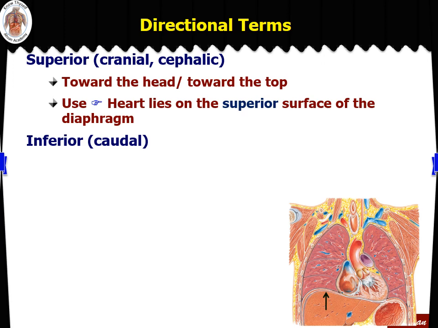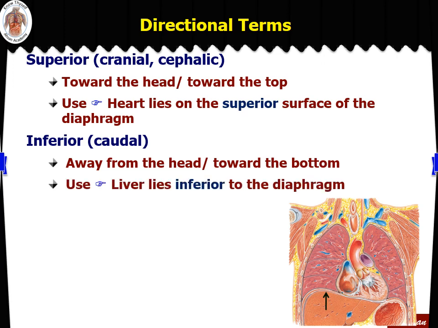Cauda means tail, so it is close to the tail, away from the head, towards the bottom, is known as inferior. So in the same case, you see the liver is below the diaphragm, means it is on the inferior surface of the diaphragm. So lung is superior to the diaphragm, liver is inferior to the diaphragm.